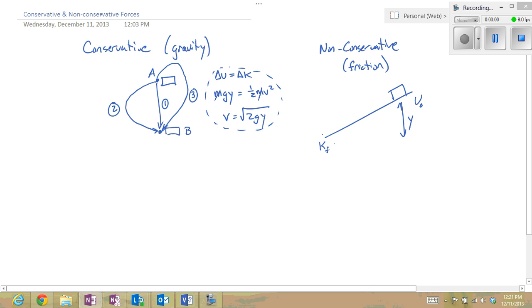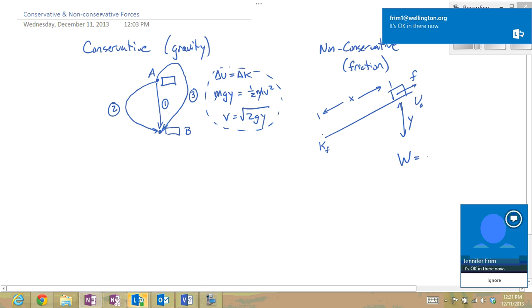But if there's friction present, then as the block travels down the plane a distance, let's call that distance x, there's a friction force applied up the plane as the block travels down. So there's work being done on the block by friction, which is equal to the force F dot x in this case.